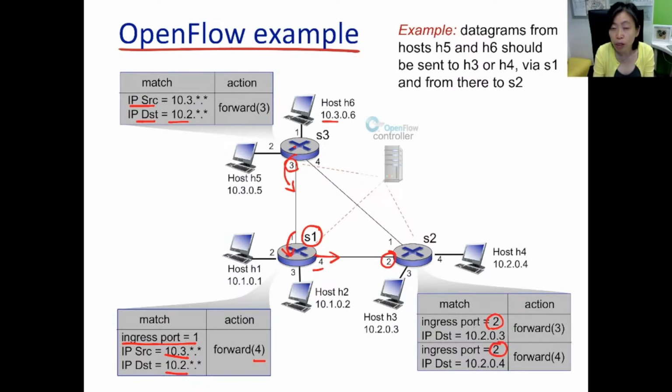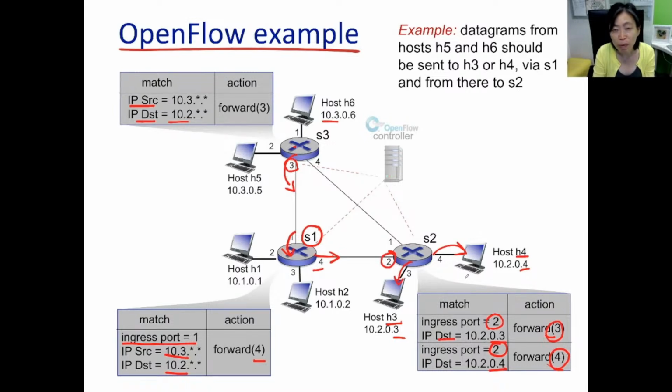Now, we need to separate the traffic so that it goes to H3 and H4 correspondingly. These are different IP addresses. So if we match more exactly, the destination address being 10.2.0.3, then go on interface 3. On the other hand, if it's 0.4, then it's forwarded on interface 4, therefore reaching H4.